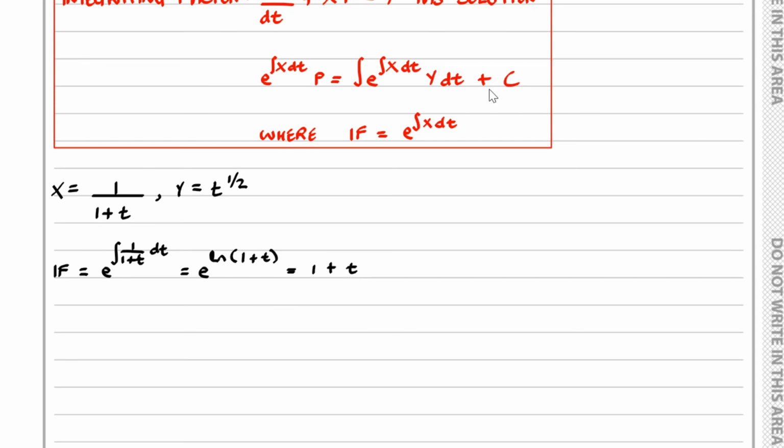So if we use our general form of the solution of the differential equation, we have over here the integrating factor 1 plus t lots of p. This is equal to the integral of the integrating factor 1 plus t lots of y, which is t to the power of 1/2 with respect to t, plus c.